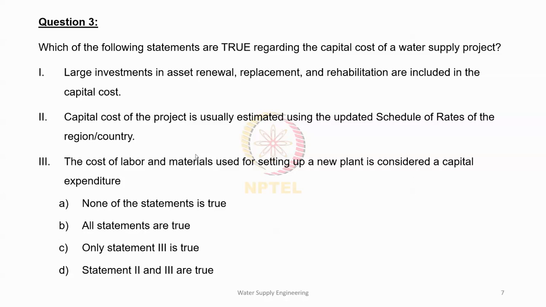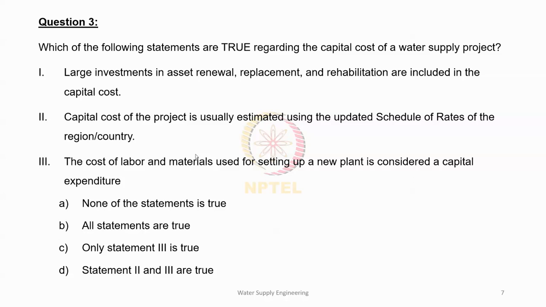Statement 2: capital cost of the project is usually estimated using the updated schedule of rates of the region or country. Statement 3: the cost of labor and materials used for setting up a new plant is considered a capital expenditure. So, which among these statements are true?